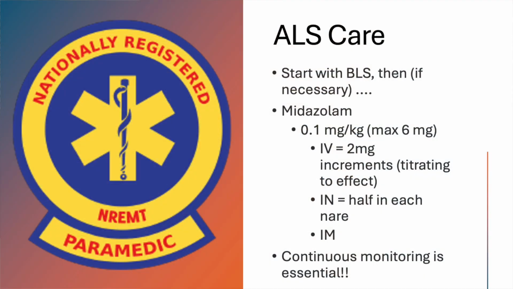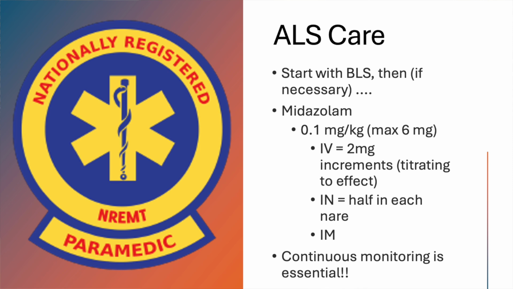Objective data: getting them on a cardiac monitor to trace their heart rate, checking their blood pressure. End-tidal CO2 can help in this situation too. Saturations are going to help. Get objective data about what's going on with your patient, so they don't deteriorate to the point that by the time you realize something's wrong, it's too late. So there's your big three.